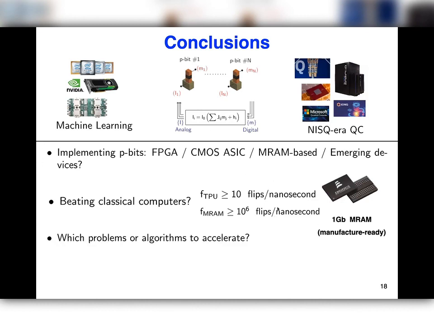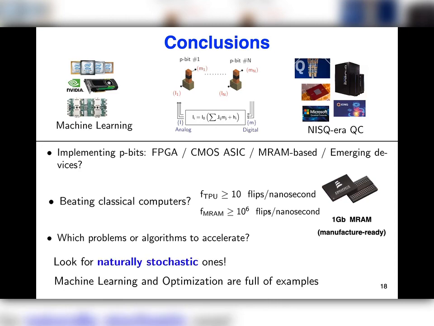Finally, in terms of what applications can be solved by p-bits, they're the really naturally stochastic ones. Machine learning and optimization are full of these examples for which p-bits are a very natural fit. With that, I'd like to conclude, and thank you very much for your attention.